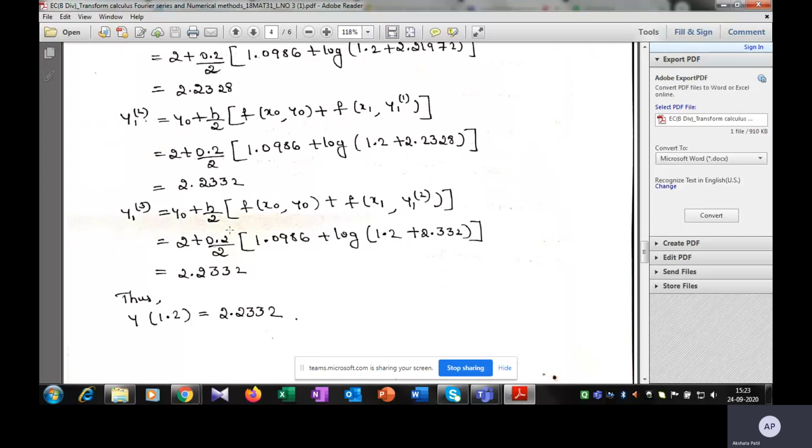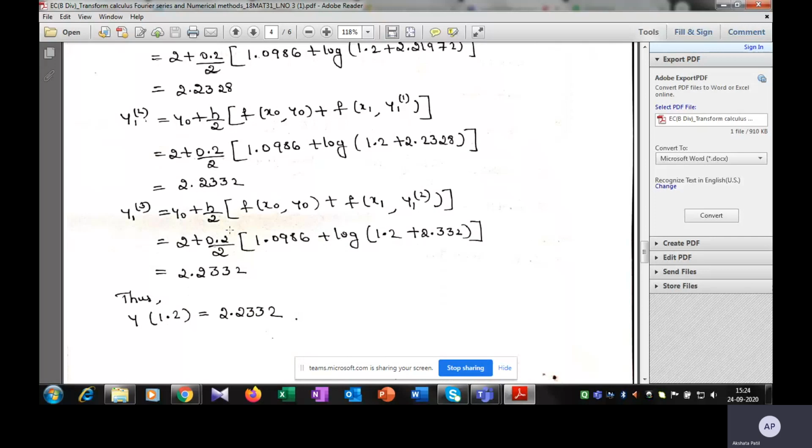So write it down here, 1.0986 plus f of x1 comma y1 of first iteration, meaning once again use the given differential equation, log of x1 plus y1 of first iteration. So x1 is 1.2 plus y1 of first iteration, 2.2328. Now simplified, you will get y1 of second iteration equals 2.2332.